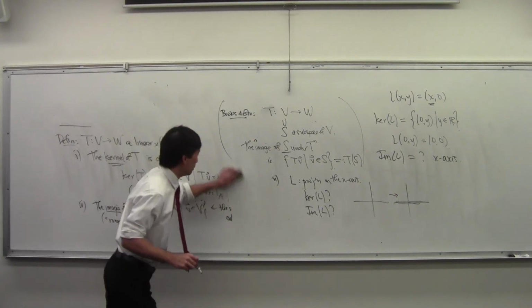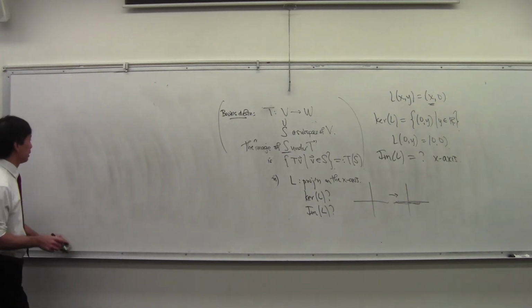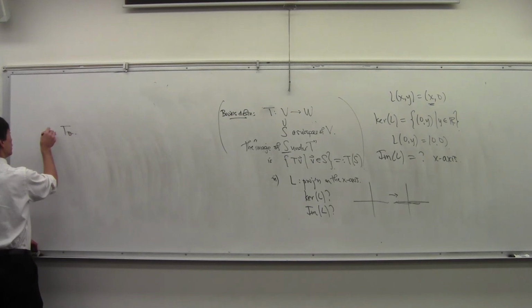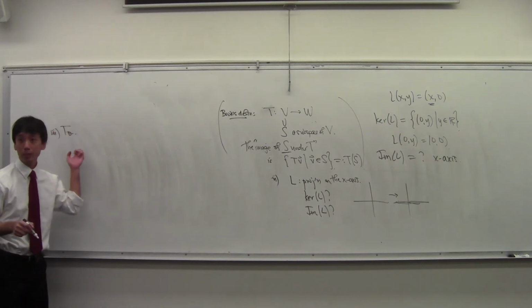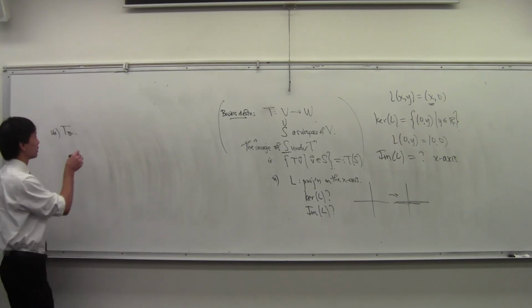Okay. What about our next example? If you have the rotation, that was the third example. If we have rotation, well then what's our kernel? And what is our image?